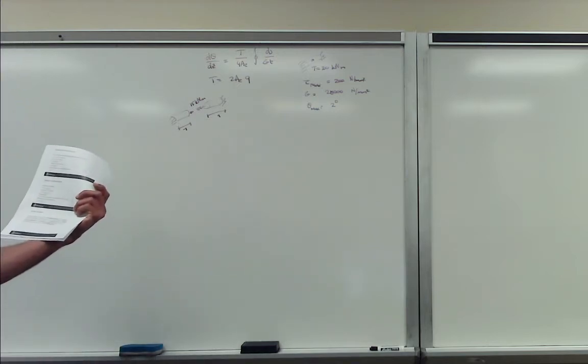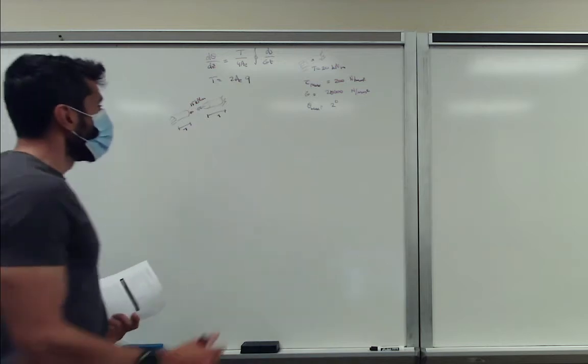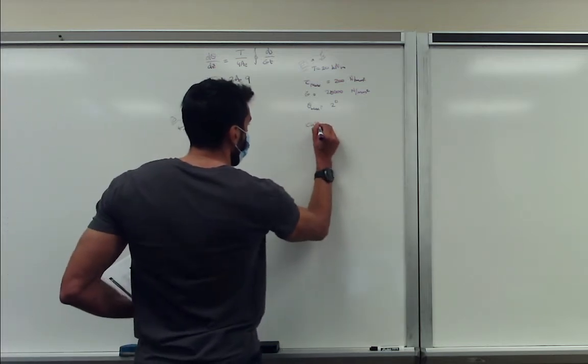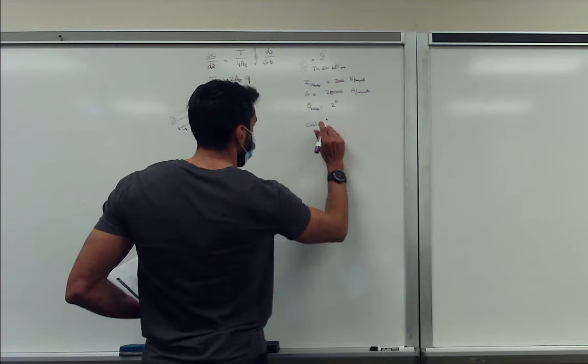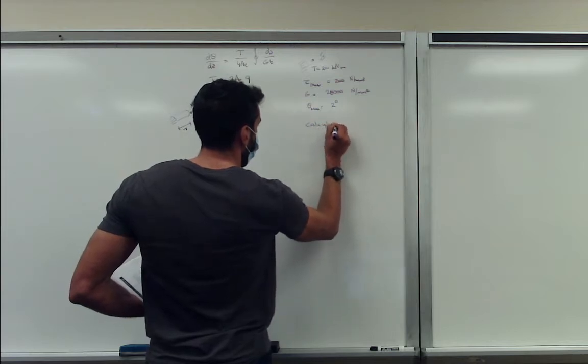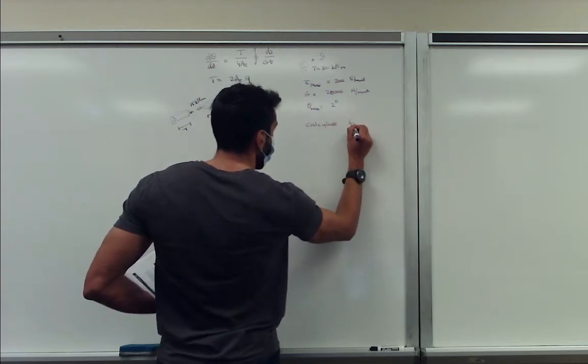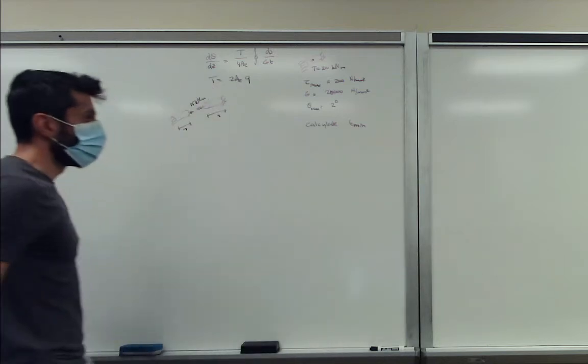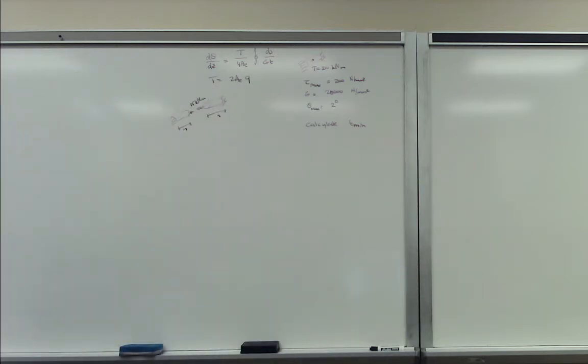I think the question is: calculate the minimum thickness, so t min. And what we're going to figure out is that there are going to be two conditions that we have to consider.